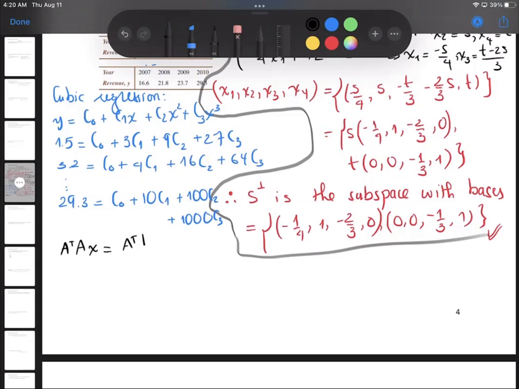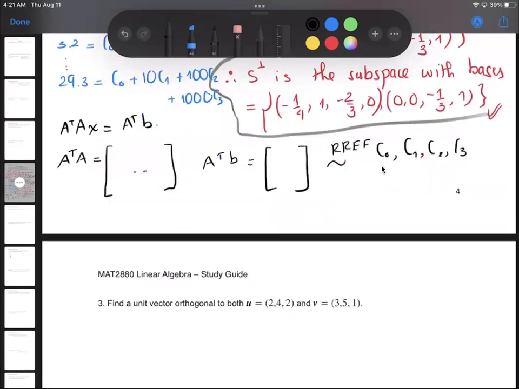You should have the values of c naught, c1, c2, and c3, and there you have your cubic equation. Then you can plug in the value they want to predict. That's the easiest part: 2015, so plug in 15 for x, that's all. Okay.